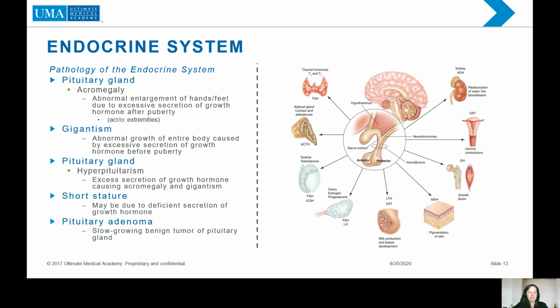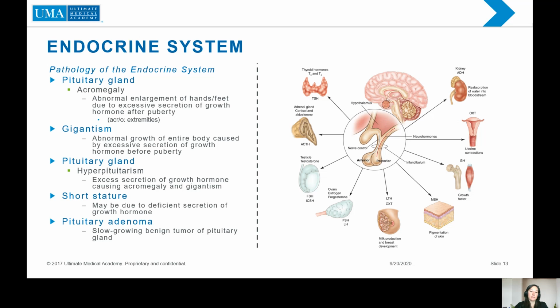Gigantism is an abnormal growth of the entire body caused by excessive secretion of the growth hormone before puberty. So, abnormal growth of the entire body. So, this may be someone who is a child who should not be as tall as they are based on their age, but because they had excessive growth hormone, they have what we call gigantism.